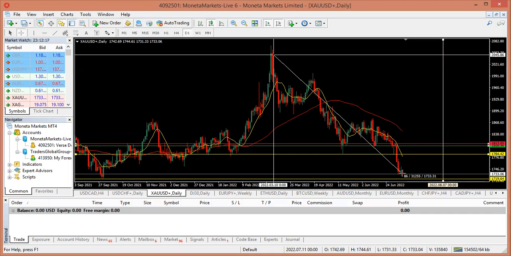So remember, it's XAU USD, so it's against dollars, correct? 1 ounce of gold is 1,733 based on your chart. If you go to the black market, that's a different ball game, but the price will not vary too much from this place. So where my cursor is now tells you the current market price.